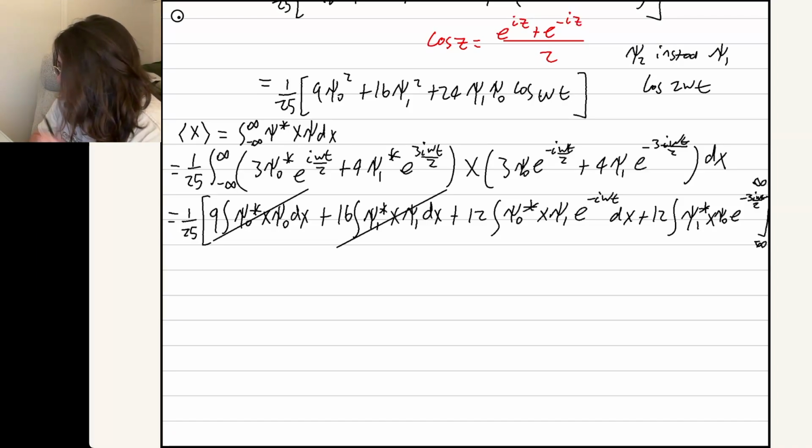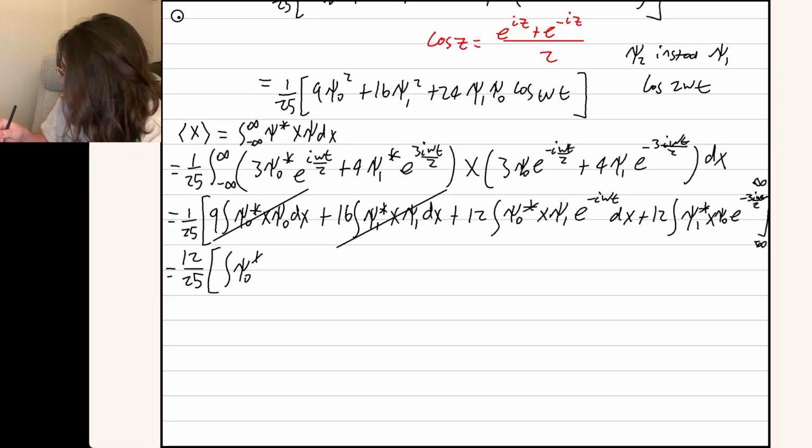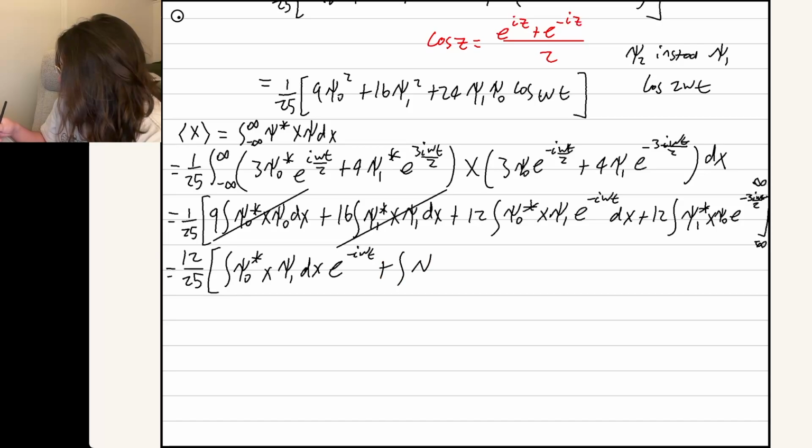So we can handily cancel those out, and then we're just going to be left with 12 over 25 times the integral psi 0 star x psi 1 dx e to the minus I omega t plus integral psi 1 star x psi 0 dx e to the I omega t.